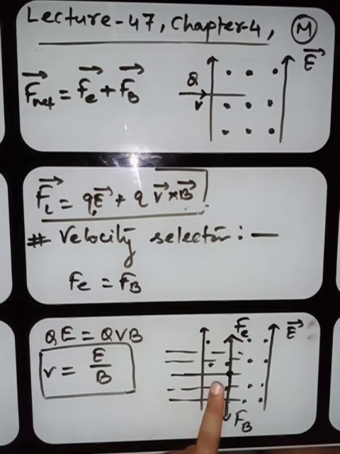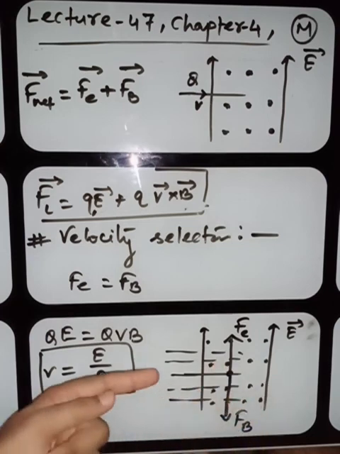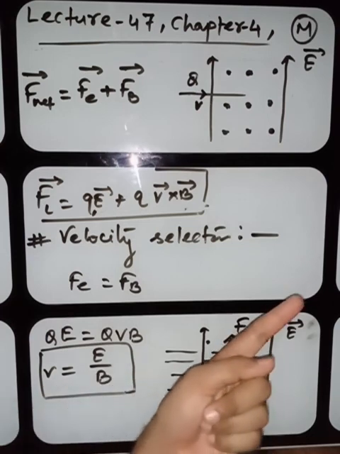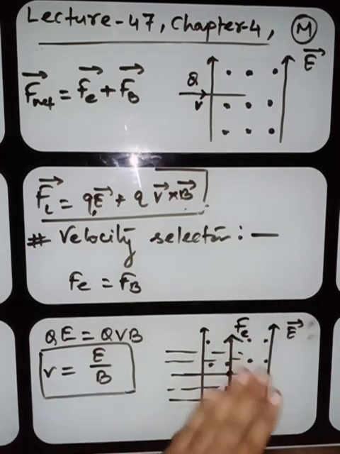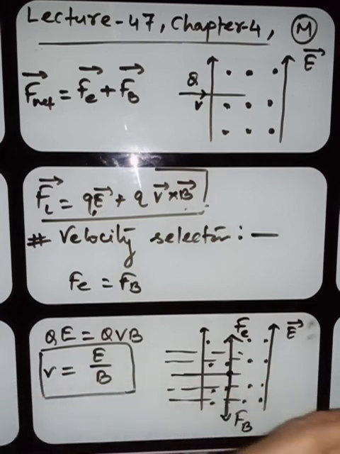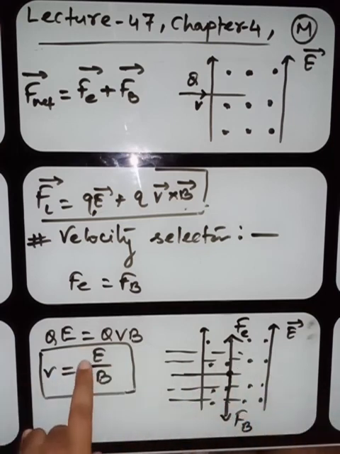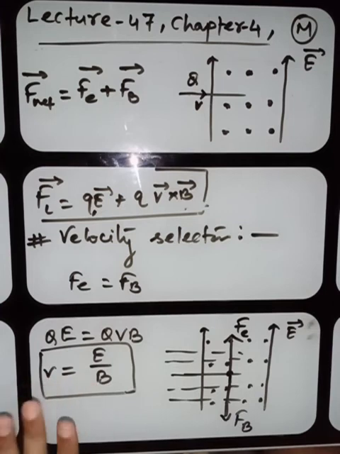Actually, those charged particles will circulate in this field. In this field, they will either circulate or get diverted. Okay, but we will separate the one that goes straight without changing its direction, without changing its velocity. Those charged particles for which the ratio of electric field and magnetic field equals their speed.